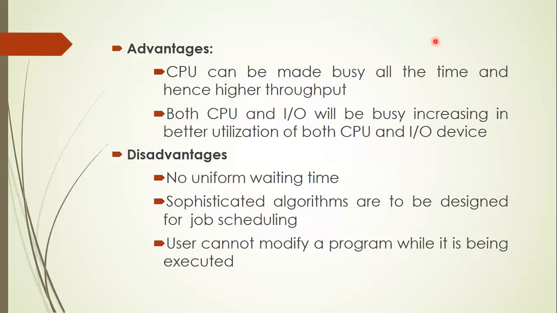All these things require designing a suitable job scheduling algorithm. Anyway, there is a separate chapter on CPU scheduling. At that time, I will explain what the available job scheduling algorithms are and what the merits and demerits of each of them are. So the second drawback of multi-programming is the designing of sophisticated job scheduling algorithms.